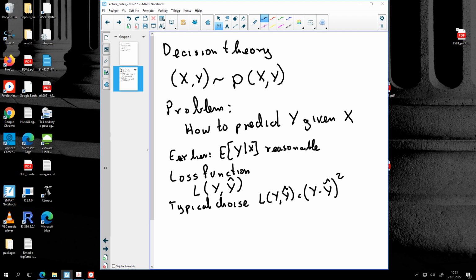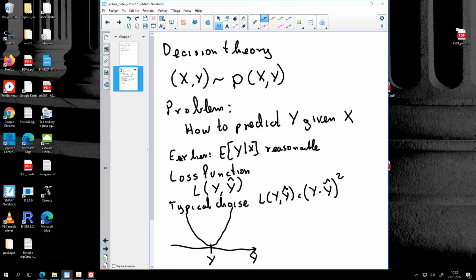And how does this look? Well, if we have then y here, and we have the y hat on the x-axis, this would then correspond to something like that. So the worse we are doing, the worse is the loss. And this is, of course, a feature that we would like of a loss function.